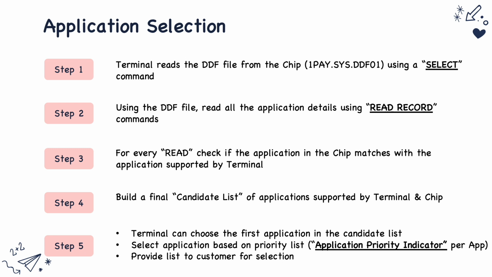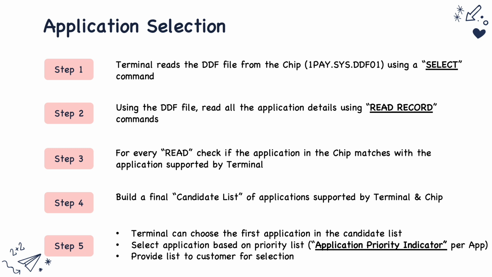After reading through all the applications that are present on the chip, the terminal finally builds a candidate list of all the applications that are supported by the terminal and the chip. So once the applications are finalized, the terminal can do the following things. The terminal can choose the first application in the candidate list and proceed with the transaction, or the terminal can provide a list for customer selection so that the customer can select which application to choose, or there is something called an application priority indicator that is present in each application.